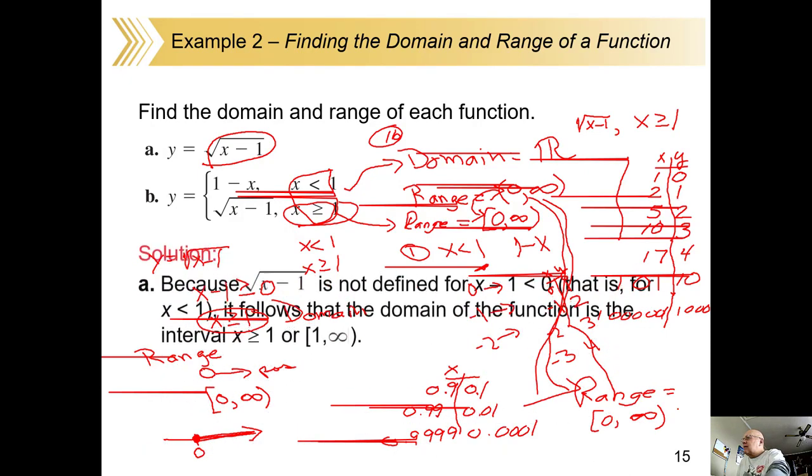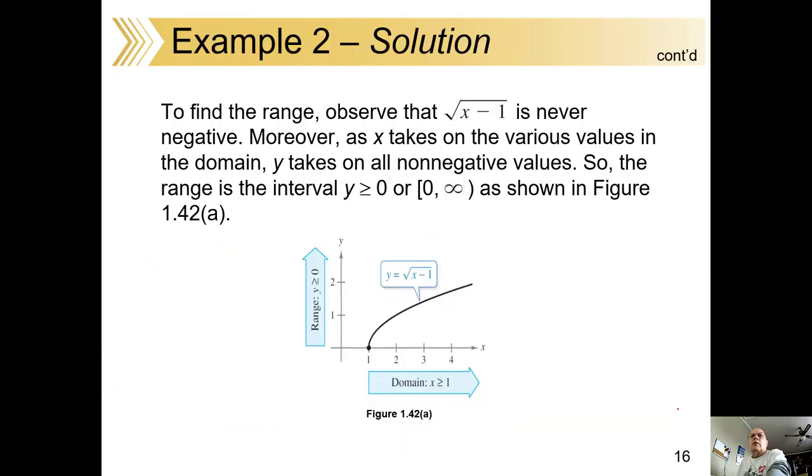So moving along, let's see. All right, and this gives you a picture of what's going on. Honestly, it's a really good idea to use your calculator and get a picture of what's happening. Taking a look at that square root of x minus 1, you can see what's happening. You get x values from 1 on up, y values from 0 on up.